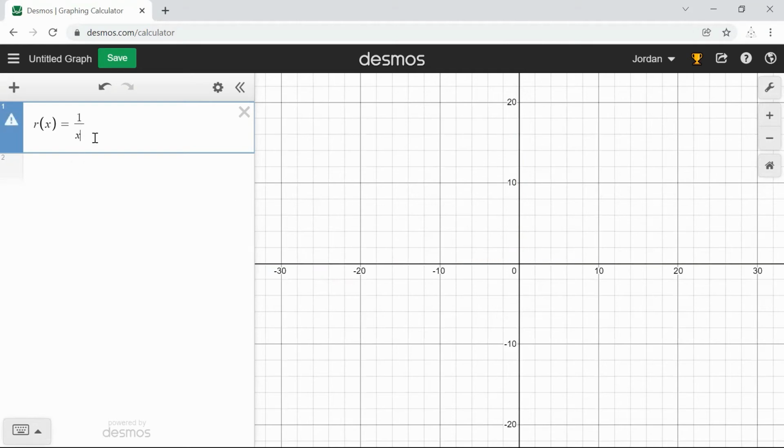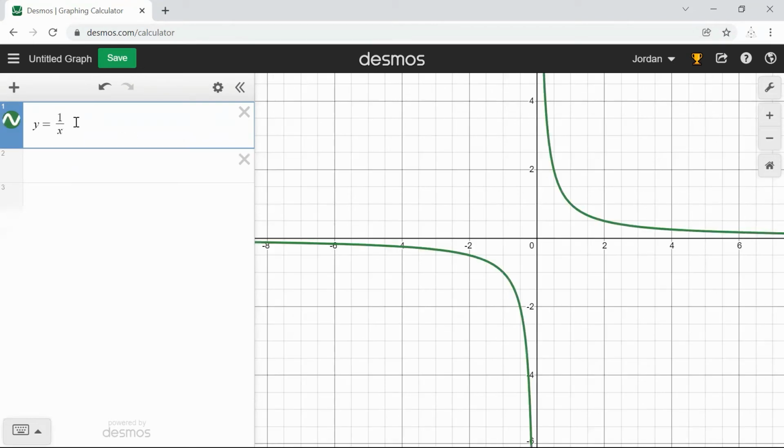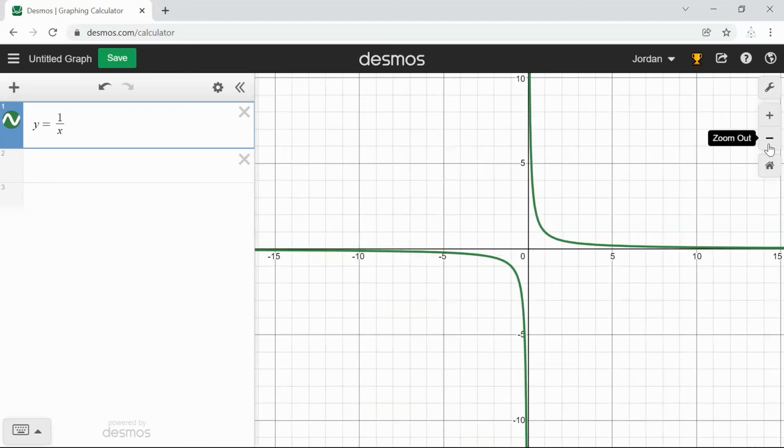When you graph p of x equals 1 over x, let's just do y equals 1 over x. You get a function that looks like this. And you can see as you approach 0, one side shoots down to negative infinity, the other side shoots up to positive infinity.